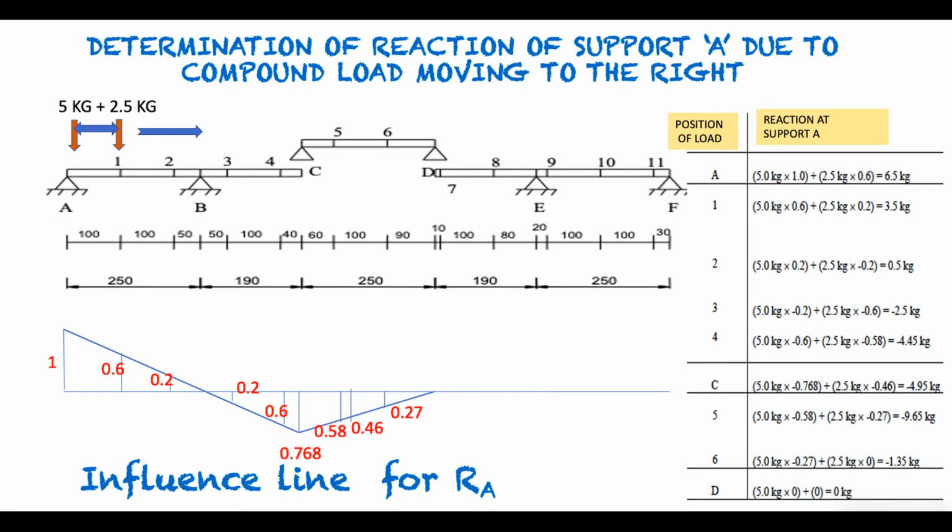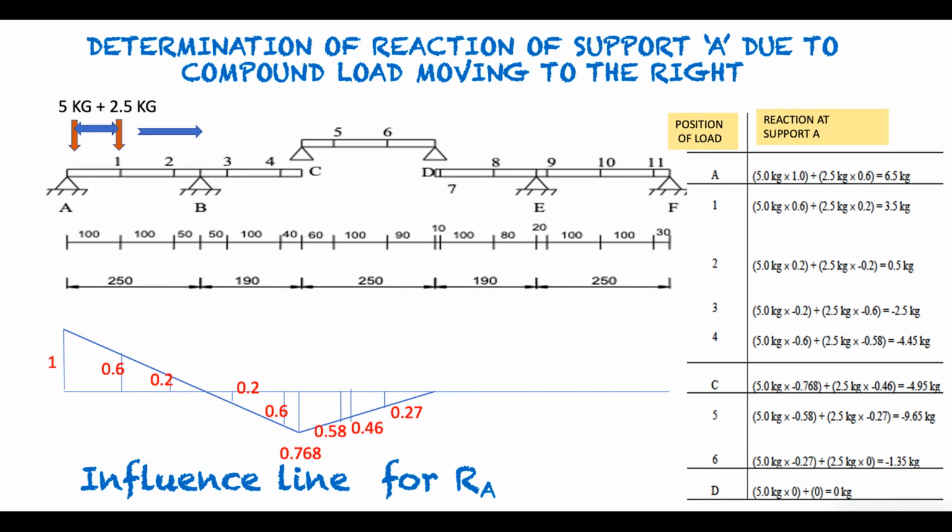So now if we have a compound load, in the lab this is called test 2. For the compound load, we have a set of loads, 5 kilograms and 2.5 kilograms, which are 100 millimeters apart, and it will be moved from A to 1, 2, 3 and so on along our bridge model.